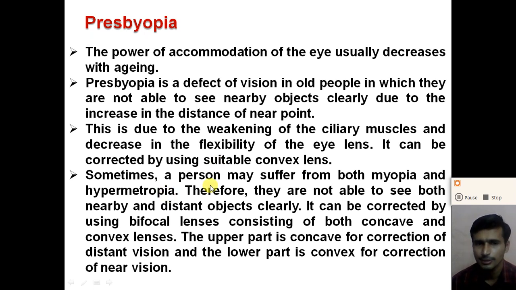Sometimes a person may suffer from both myopia and hypermetropia. Therefore they are not able to see both nearby objects and distant objects clearly, right?